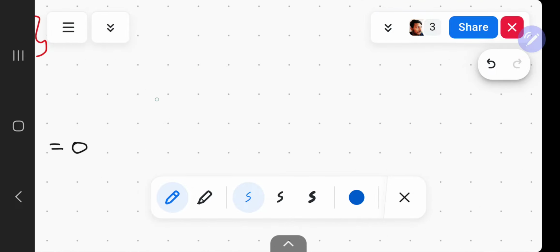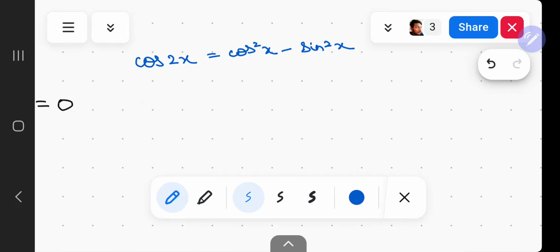Okay, we have discussed some formulas. You can write cos 2x is equal to cos square x minus sin square x. Because we can also write this in other forms: 2 cos square x minus 1, or 1 minus 2 sine square x.